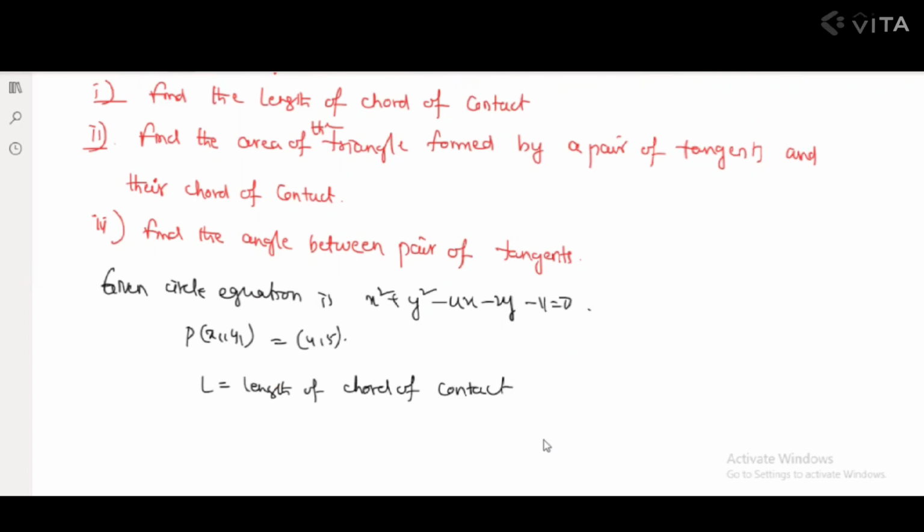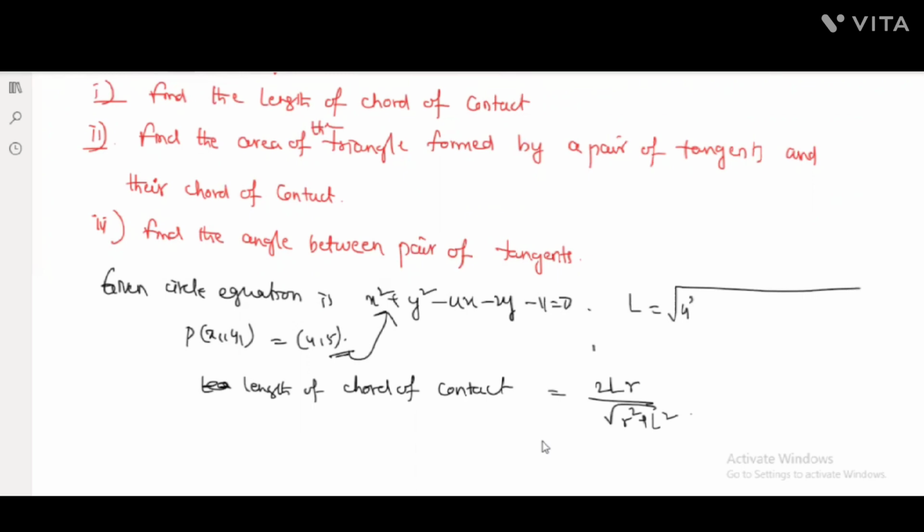To get the length of the chord of contact, we have the formula 2LR by root over R square plus L square. So we need to find the length of the tangent L here. How will you get L? By substituting this point in this equation.